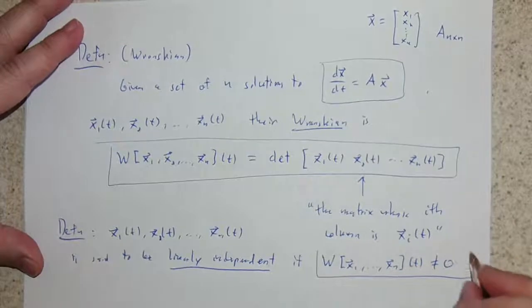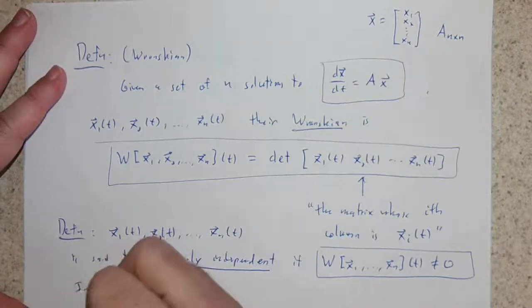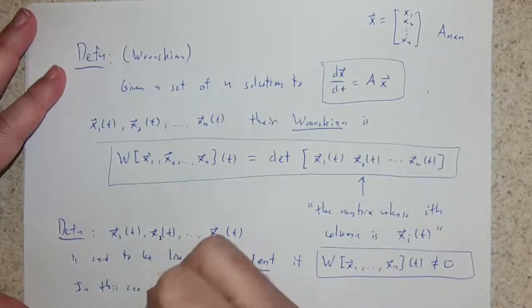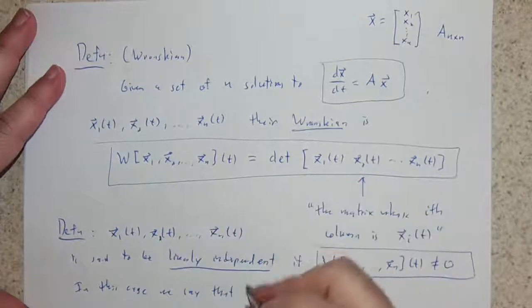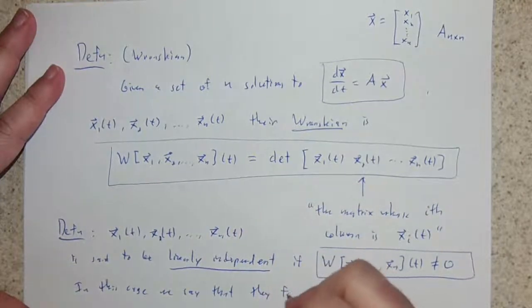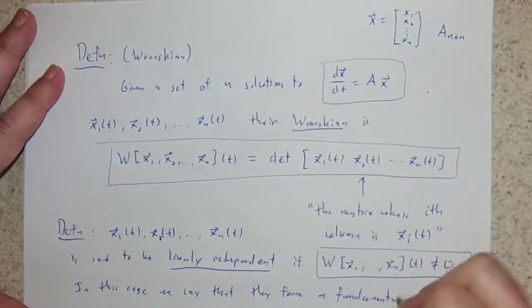Again, by what I just said in my preceding comments, this is not going to be too hard to show one way or the other, because if it's 0 anywhere, it's going to be 0 everywhere, and if it's non-zero somewhere, it's going to be non-zero everywhere. Anyway, in this case, we say that they form a fundamental solution set. This is the same terminology we used previously.